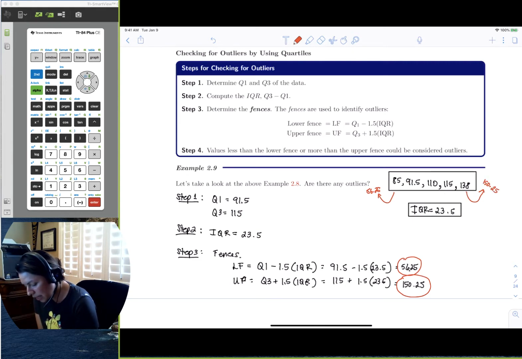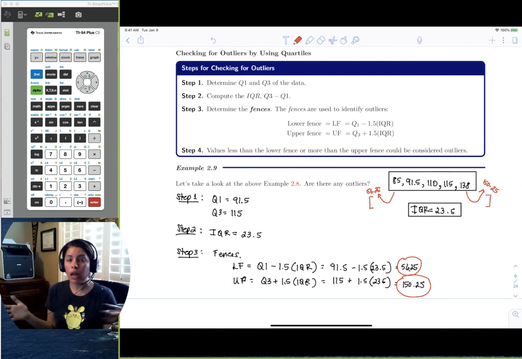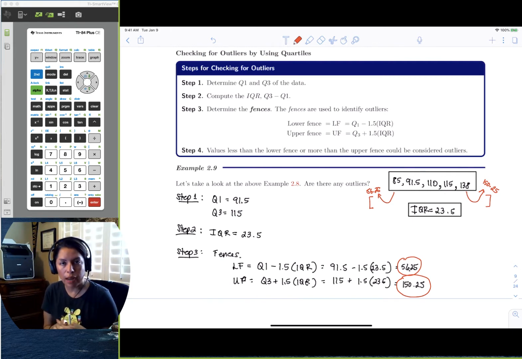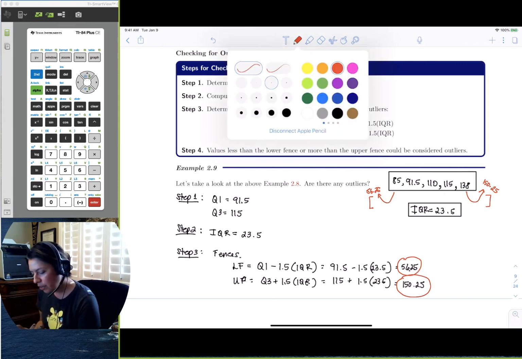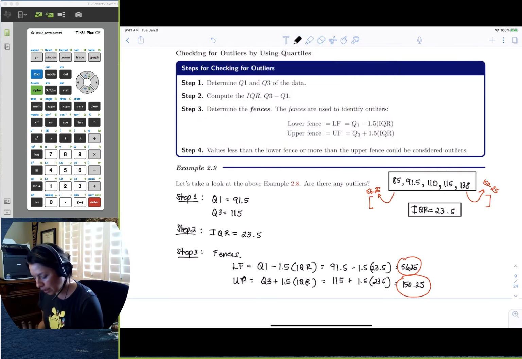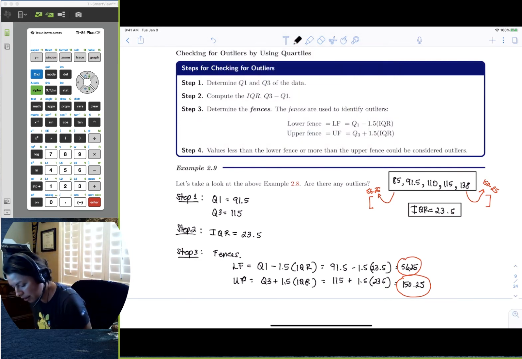Notice that the fences are outside of all 16 weights of models from our data, right? That means we kept all the sheep in the gates, and we don't have any data points outside the fences. This means that we're okay. To answer the question in the problem, we would conclude that therefore there are no outliers.